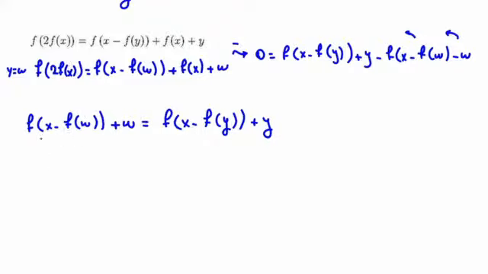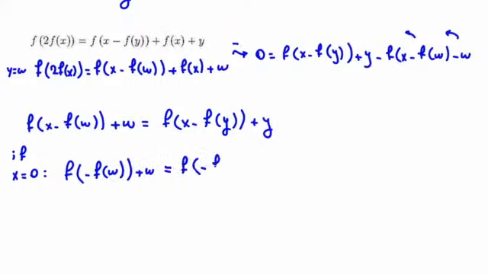Here we can say, for example, let's consider x equal to 0. Okay, if x equal to 0, again, look, considering a special case or small example, f of negative f of w plus f of w plus w equal to f of negative f of y. For all y and w, we have this.